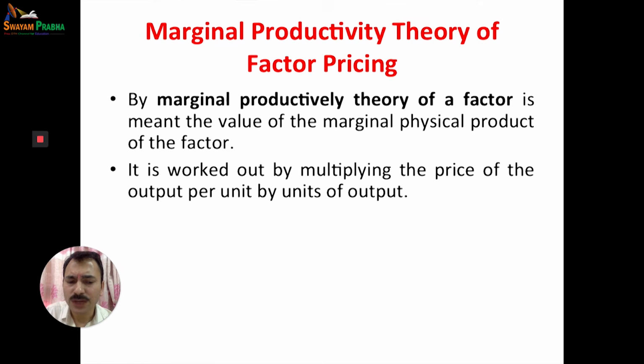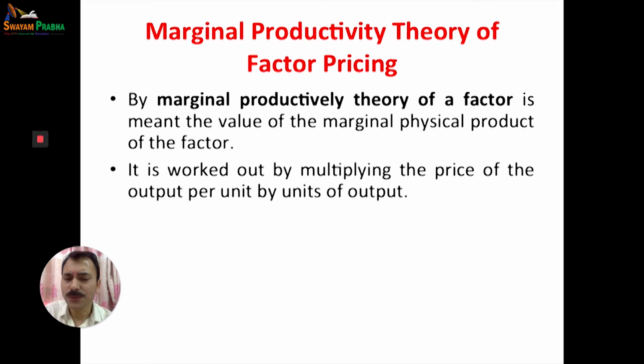Marginal physical productivity may be defined as the addition to total production resulting from employment of one more unit of a factor of production, other things remaining constant, we assume.